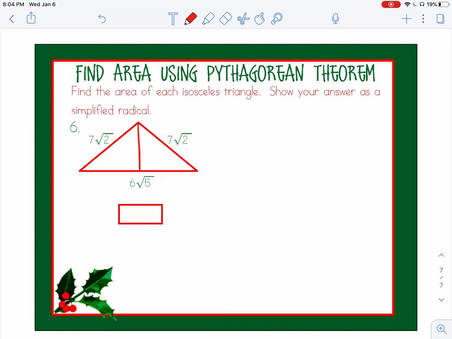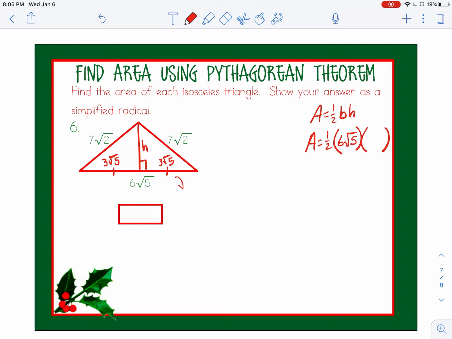So here we go. Drop down a height, make it perpendicular. Turns out it's also a median. So each of these is only 3 times the square root of 5. For the whole red triangle, it's going to be, and the entire base, notice I'm putting 6 times the square root of 5, and just like before, we don't know the height yet.